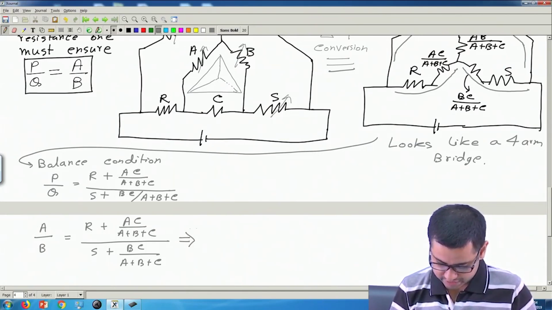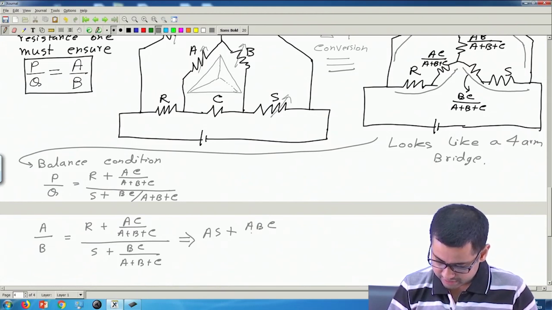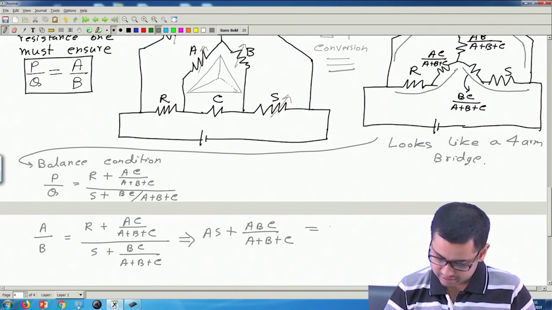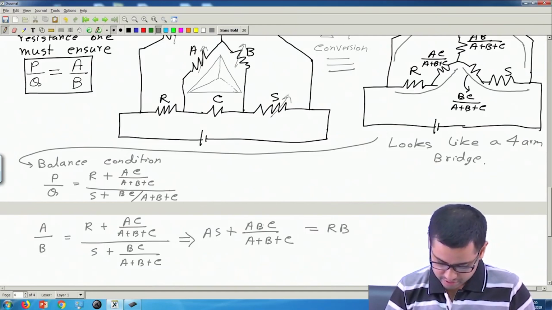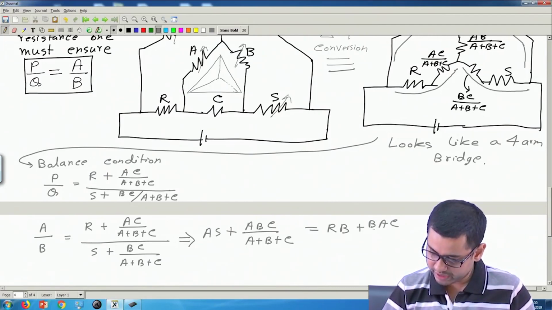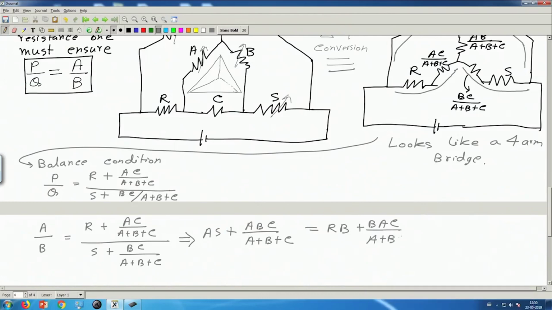So we will get AS plus ABC by A plus B plus C, equal to RB plus BAC by A plus B plus C. Simply cross multiplication.